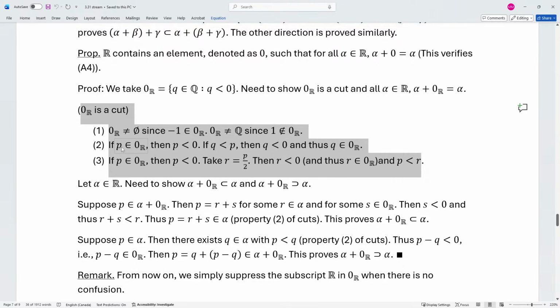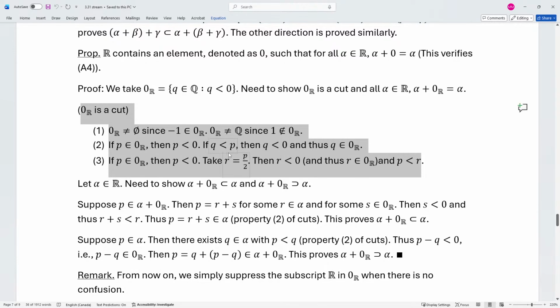The second property: if P is in 1R and Q is less than P, then Q is less than 1. If P is in 1R, then P is less than 1.